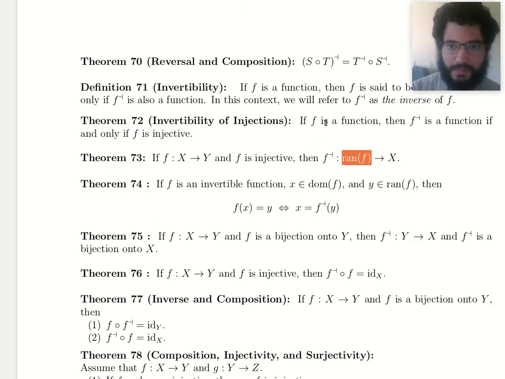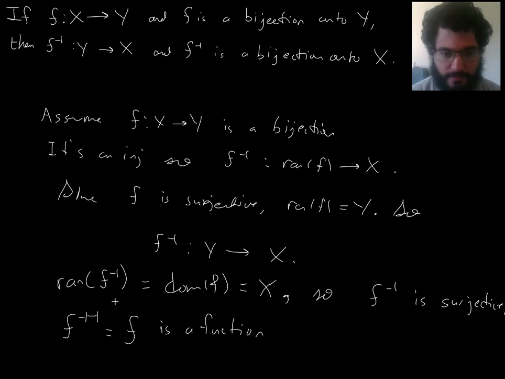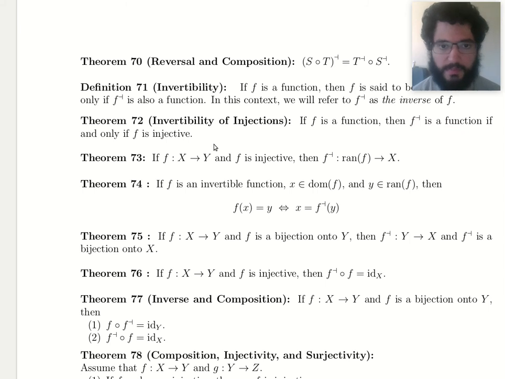And if you look back here, if you have a function like f reverse, so replace f by f reverse here, then its reverse, which is f reverse reverse, is going to be a function if and only if it, which is f reverse, is injective. So because this is a function and its reverse is a function, it is injective. That's by Theorem 72.